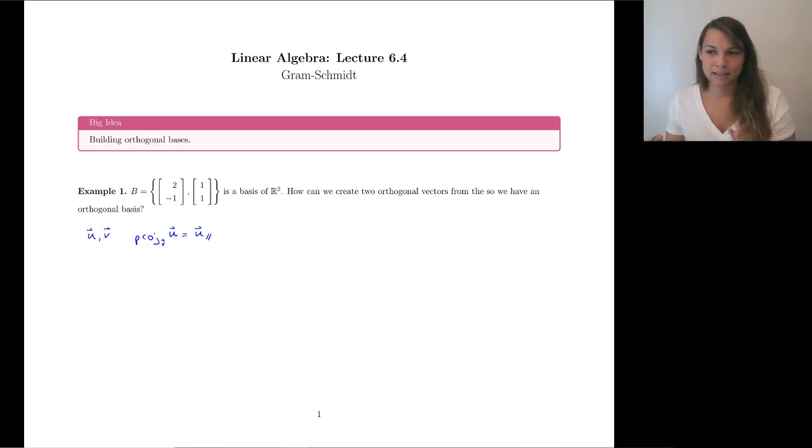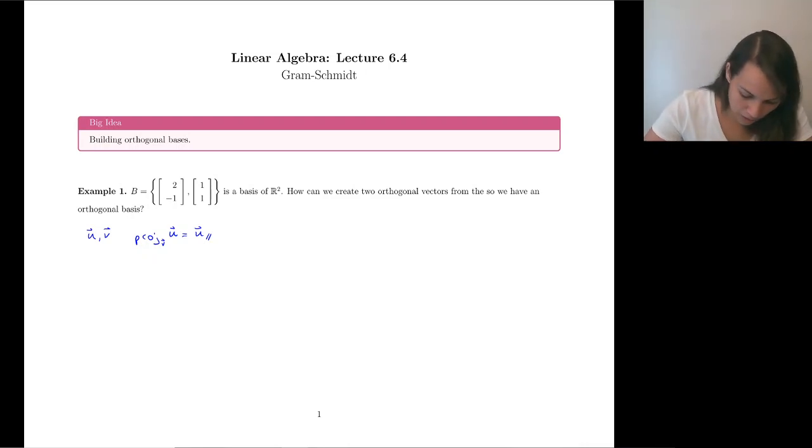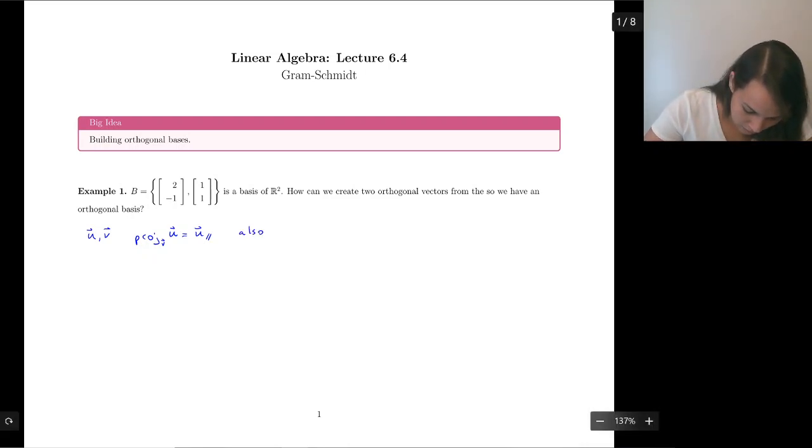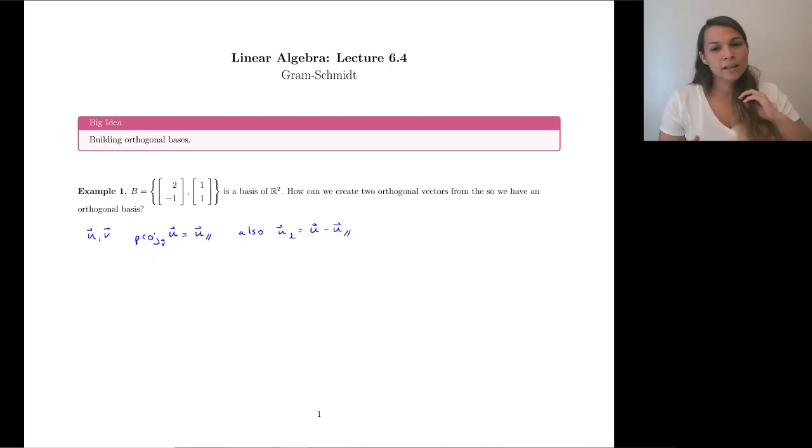That's because it's the piece of u that is parallel to v. And then we also have u perpendicular, which is equal to u minus u parallel.